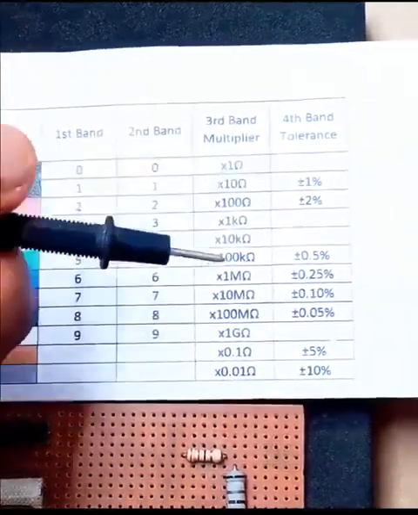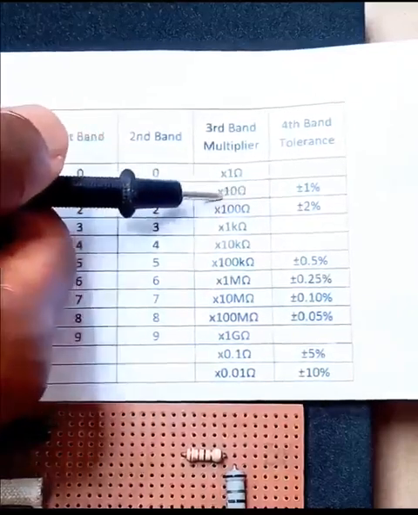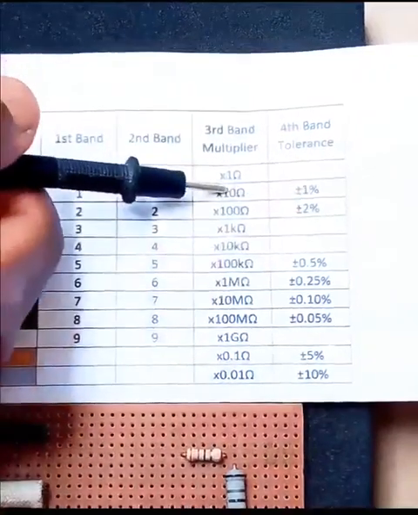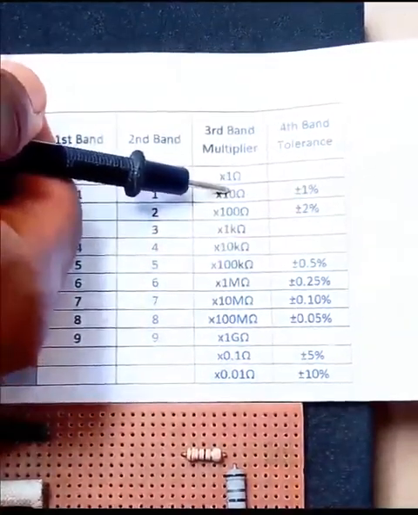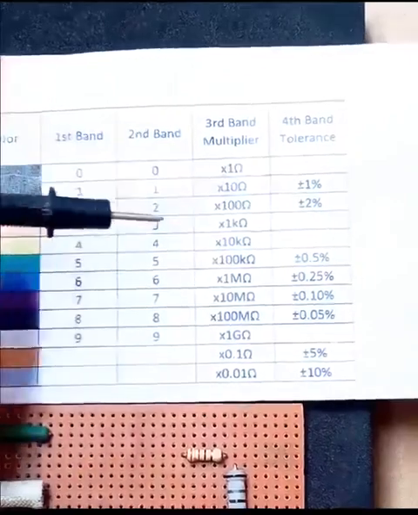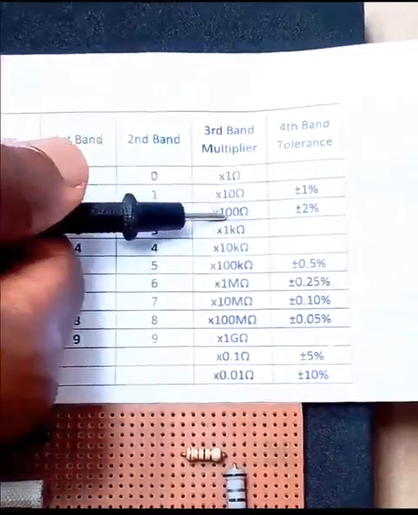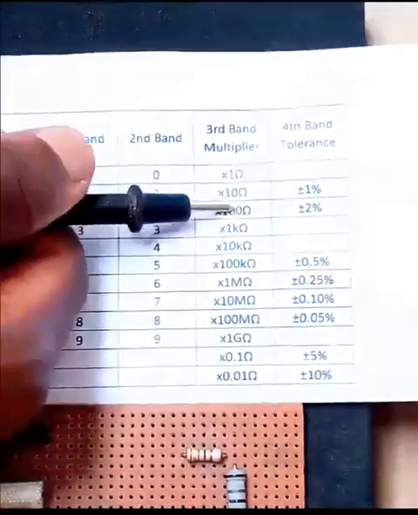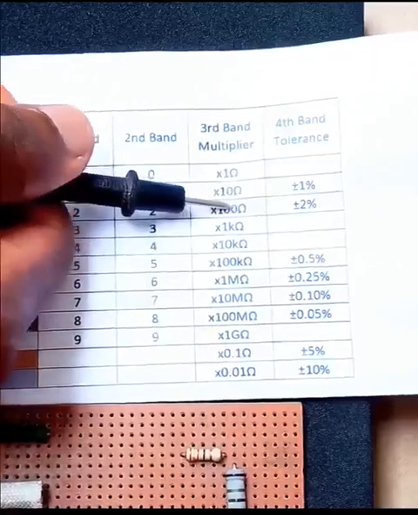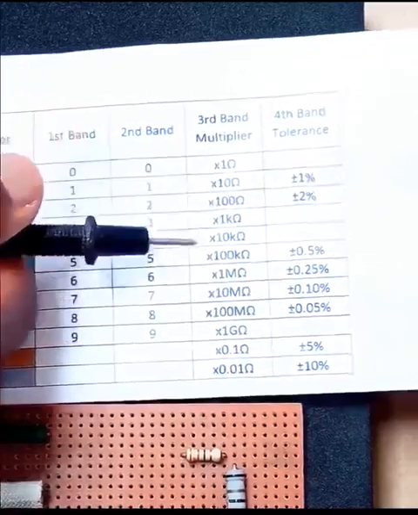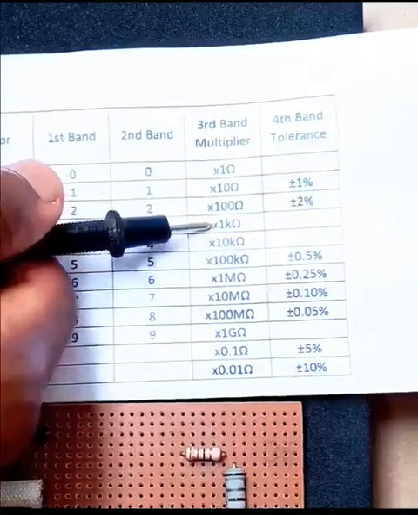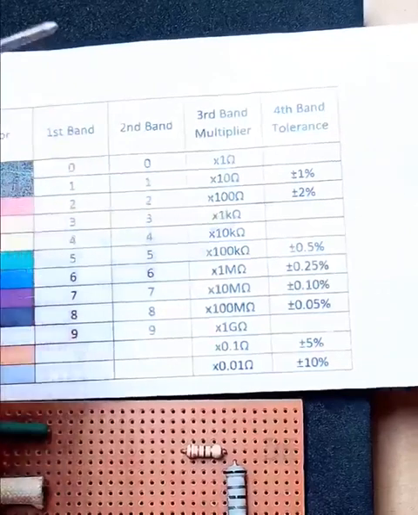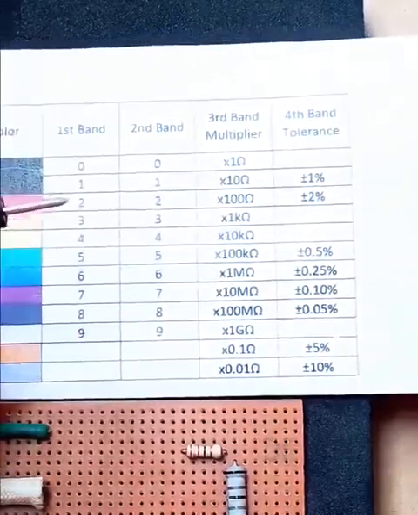The power of 10 for this digit is 10 raised to the power of 1. That is why we have 1 zero. The power of 10 for this, times 100 ohms, is 10 raised to the power of 2. That is why 2 zeros appear here. The power of 10 for 1 kilo ohms is 10 raised to the power of 3.